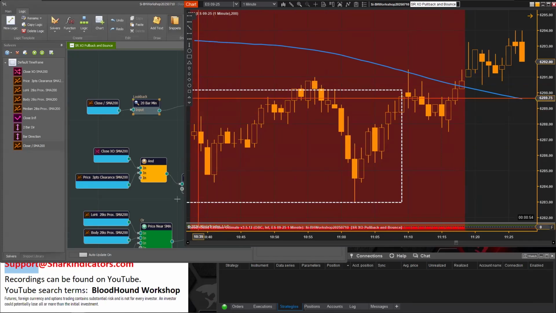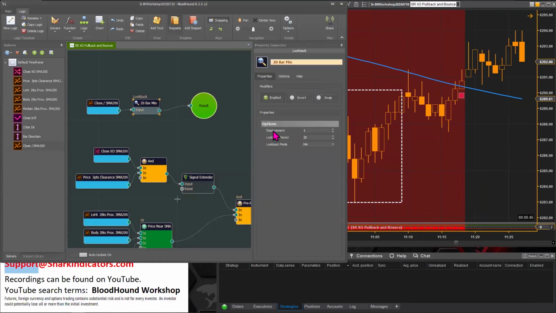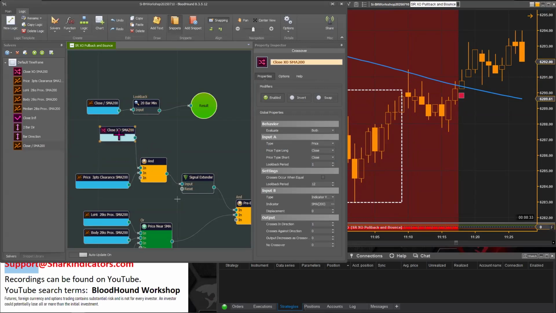Keep an eye on this bar here. That's our crossover bar. And if I turn our displacement off, then we have an output all the way until we get the crossover. So here's our crossover solver.